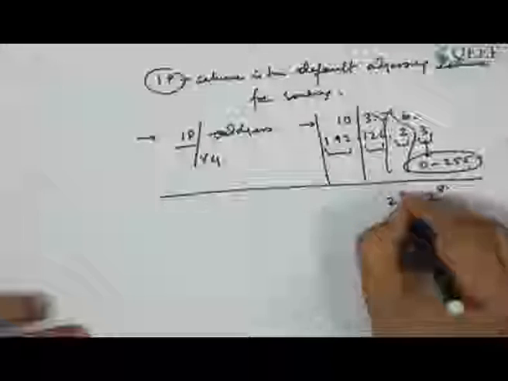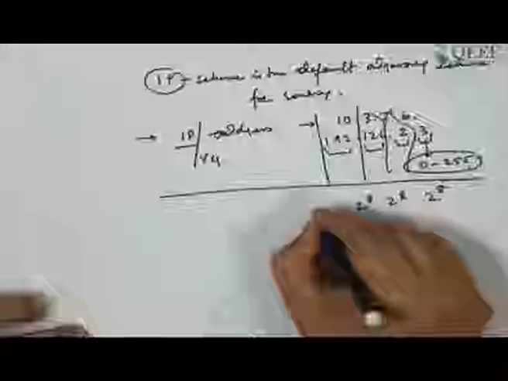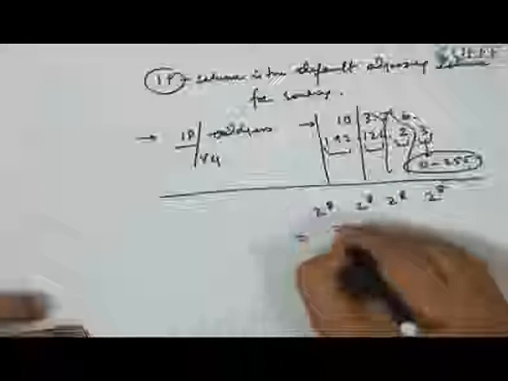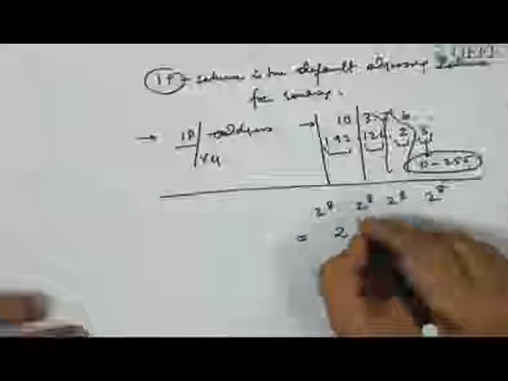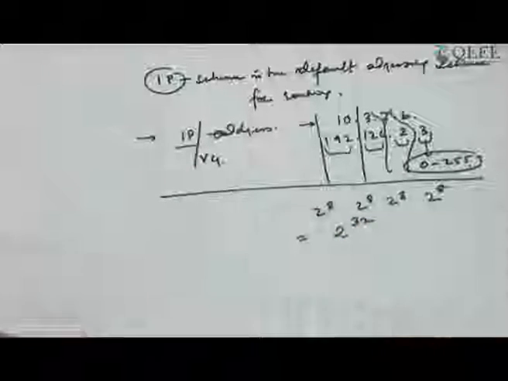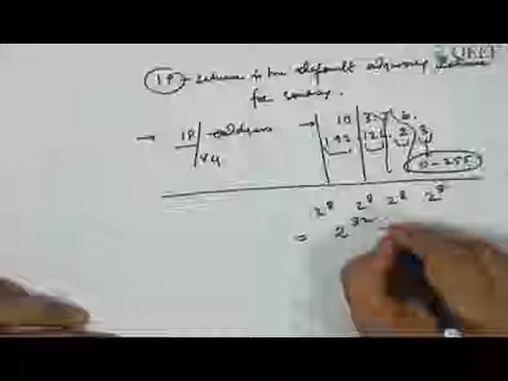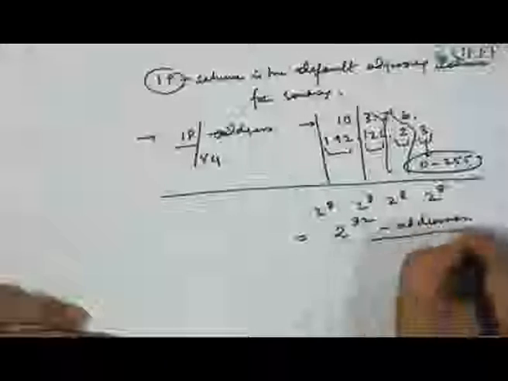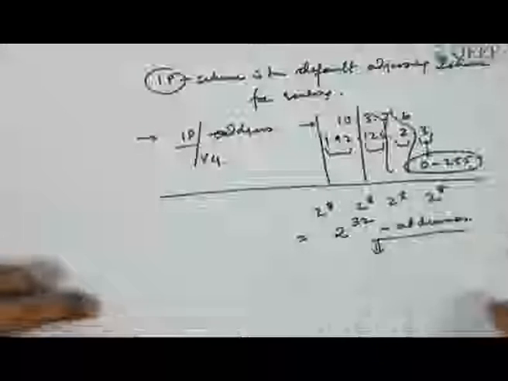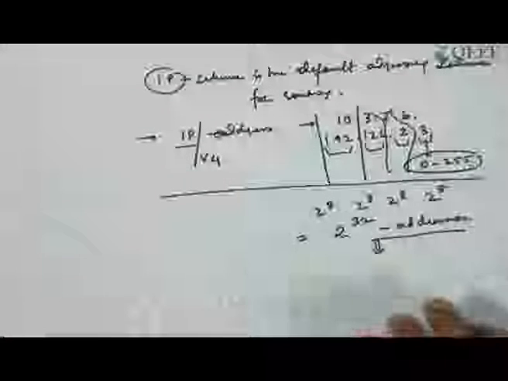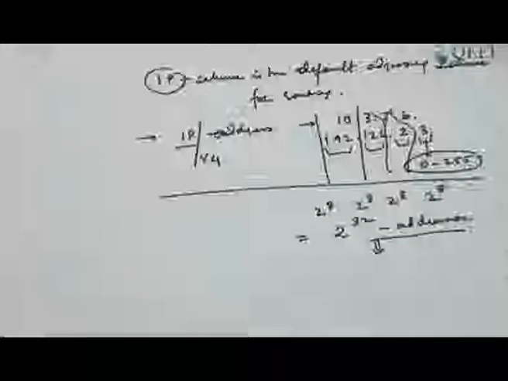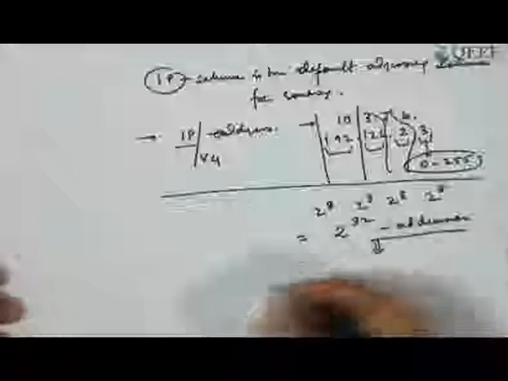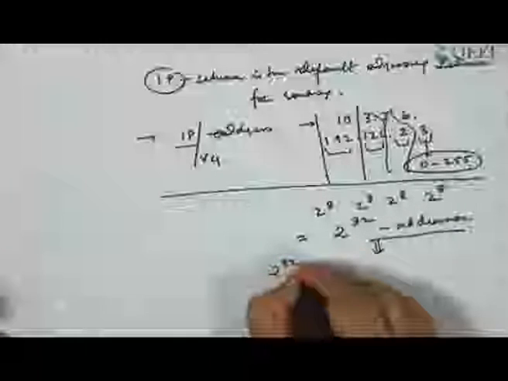So 2 to the power 8, 2 to the power 8, 2 to the power 8, that means this IP can have 2 to the power 32 addresses. Let me again reiterate this. How much is 2 to the power 32?